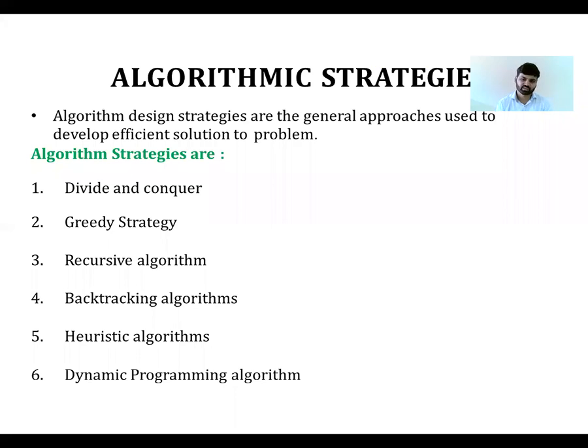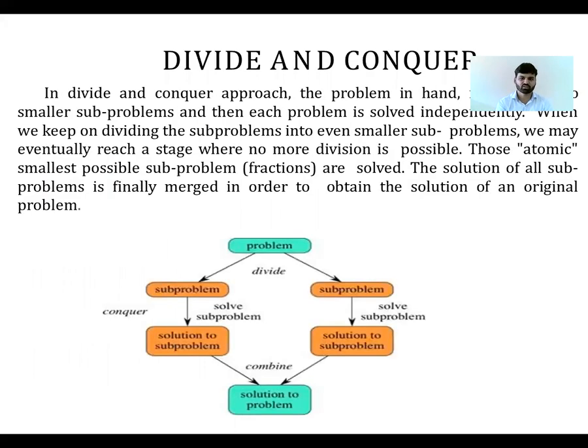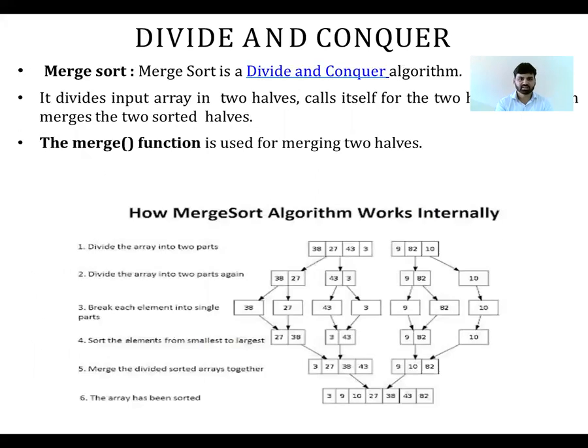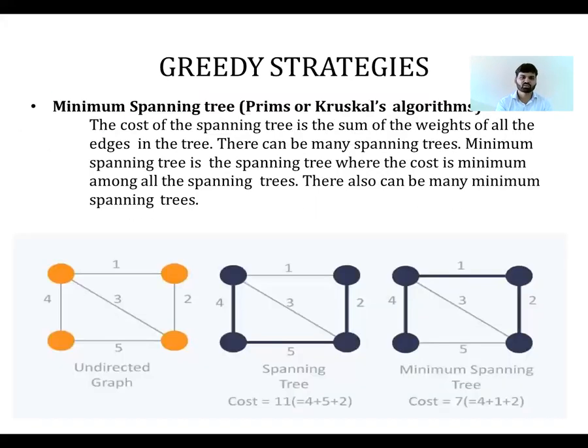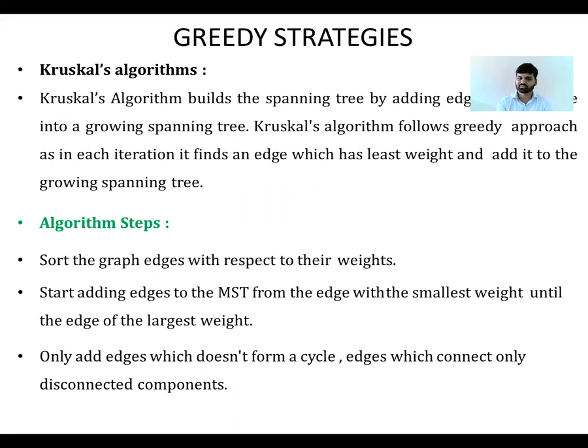These are the two algorithmic strategies which the university has included in our syllabus, that is divide and conquer strategy and greedy strategy. We have defined divide and conquer strategy with the merge sort example, and greedy strategy by using Kruskal's algorithm.